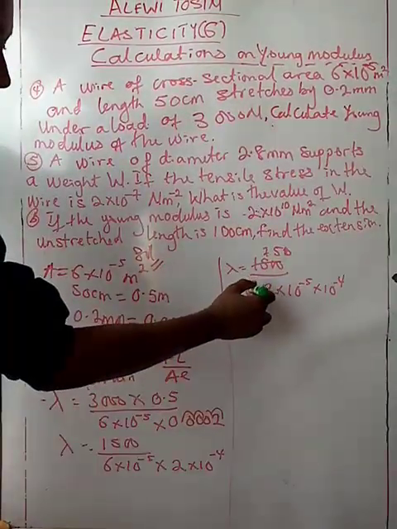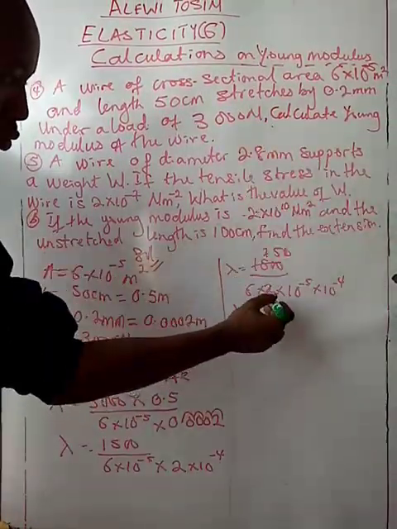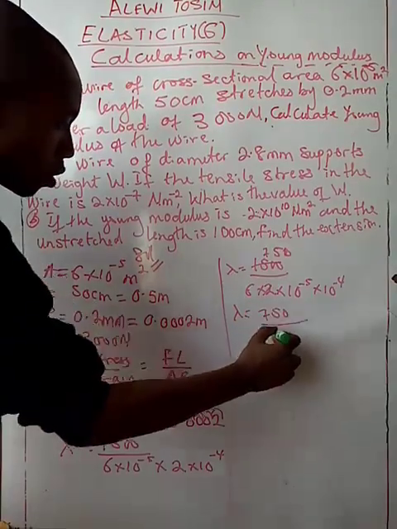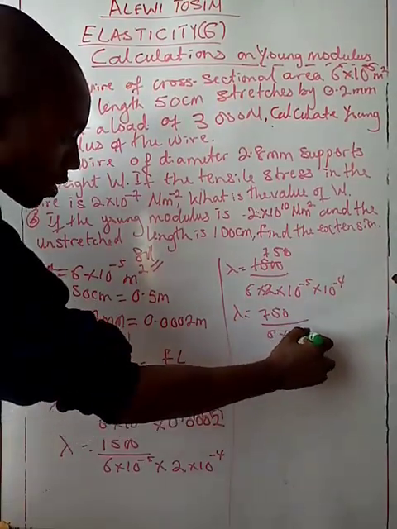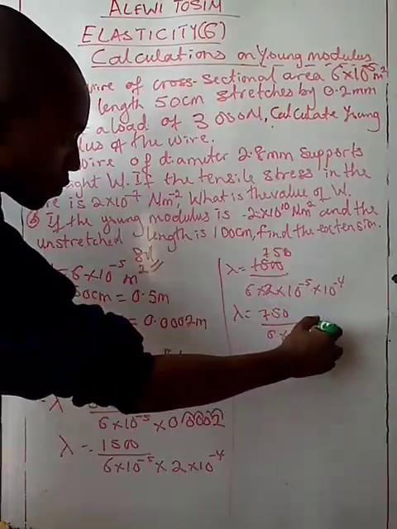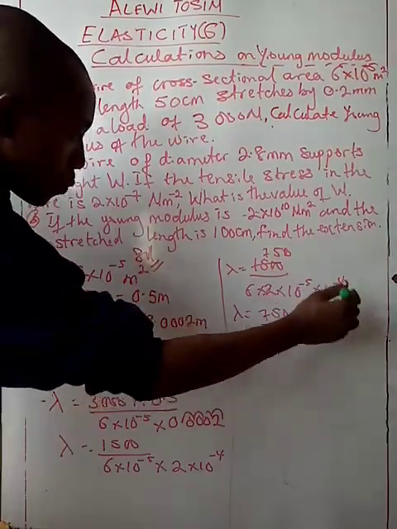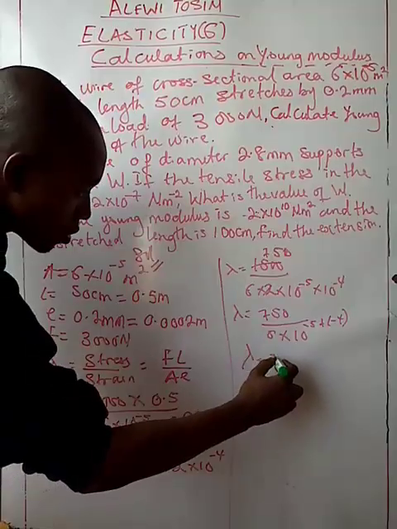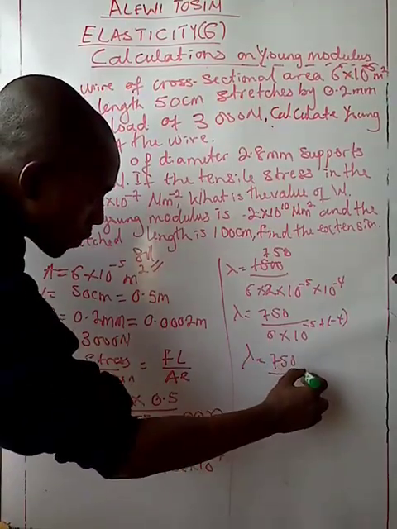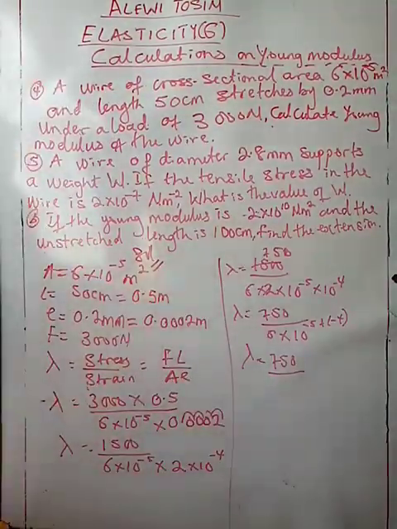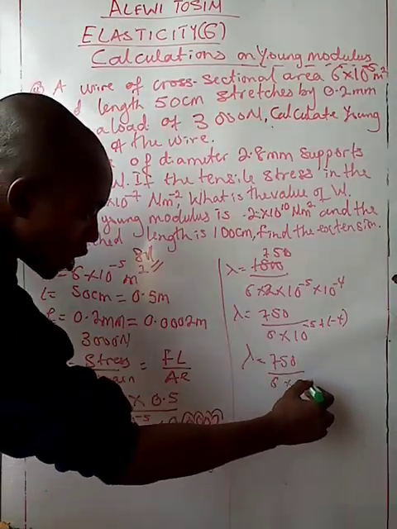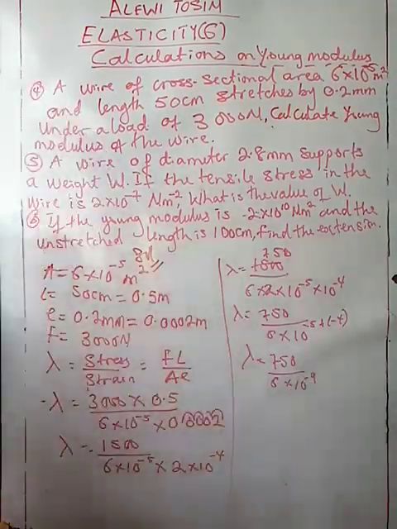So this will be 750 over 6 multiplied by 10 raised to power minus 5, times 10 raised to power minus 4, which means 750 over 6 times 10 raised to power minus 9.